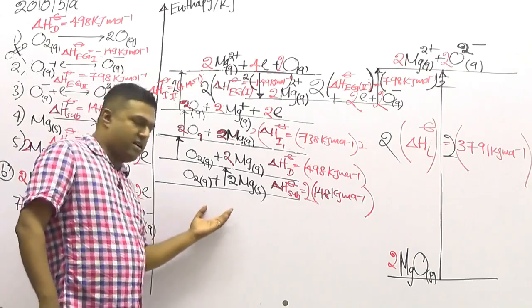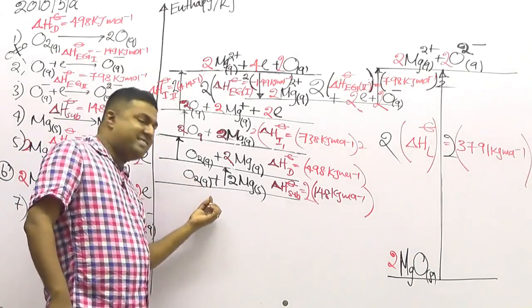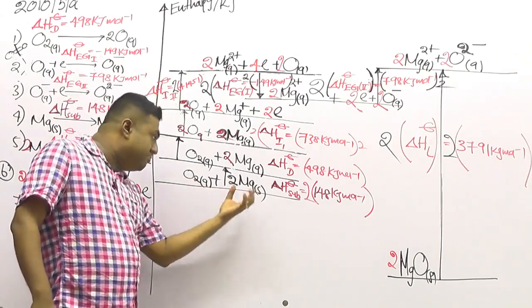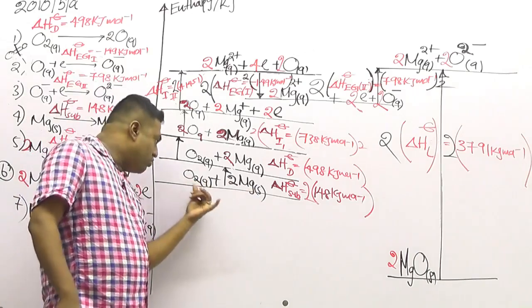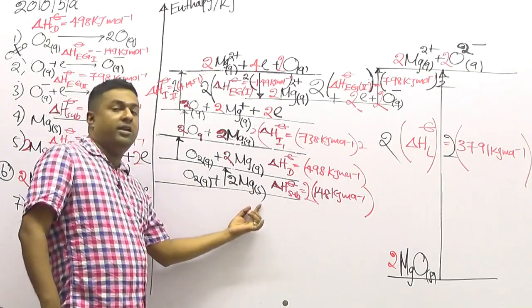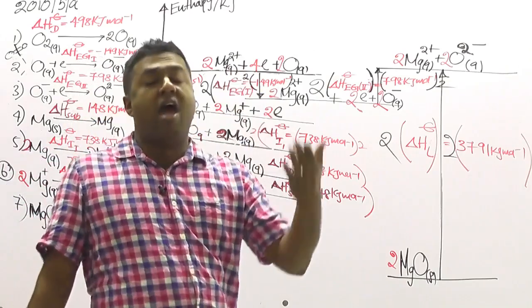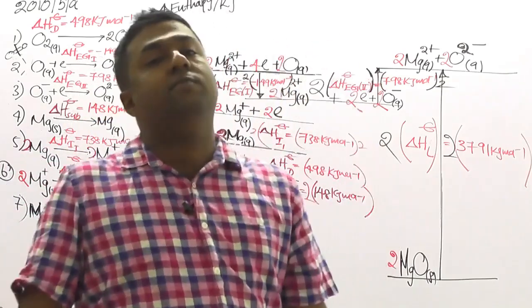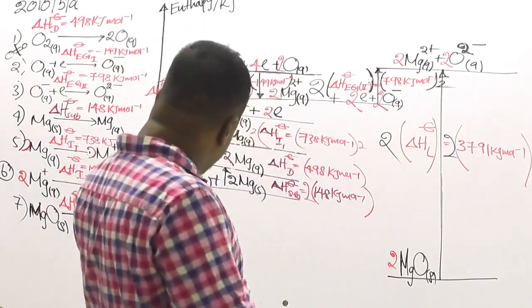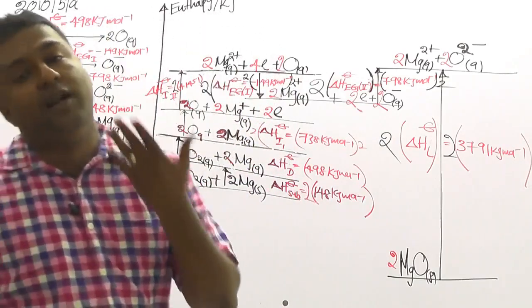Now, where we are, O2 gas and Mg solid are elements at standard temperature and pressure.